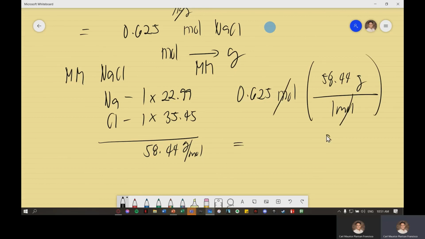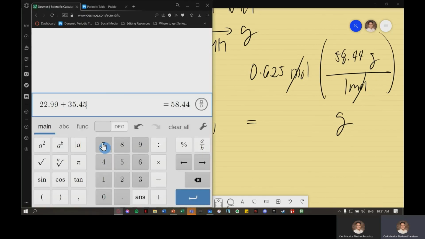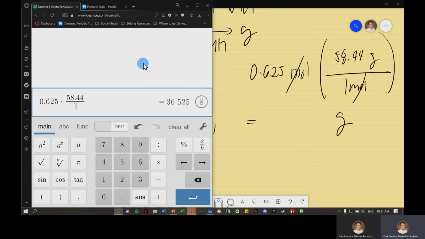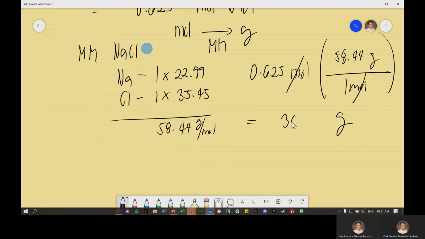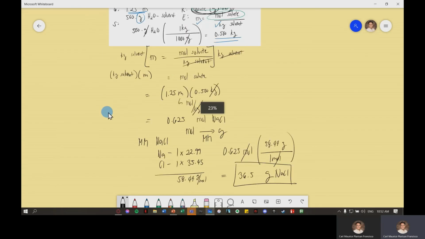I shall have now the unit gram, which is the one we are required to solve for. 0.625 times 58.44 all over 1. I have this particular answer, rounded off to 3 significant figures, 36.5 grams of sodium chloride. And this is how we solve this particular problem.